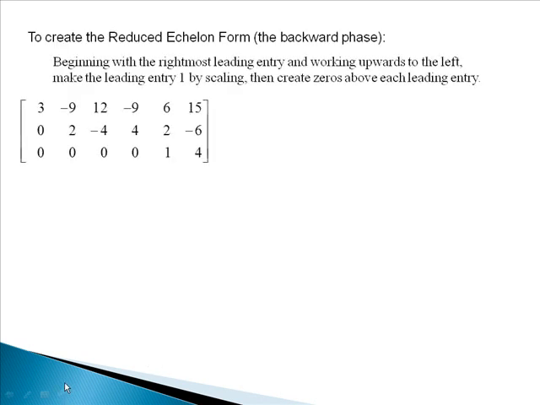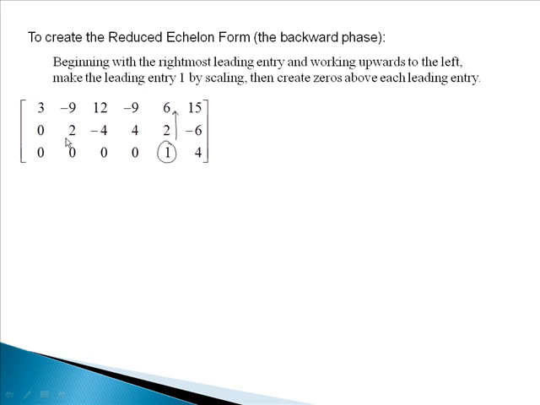So now we have the backward phase where we want to create reduced echelon form. And this is what I want you to work on, beginning with the rightmost leading entry and working upwards to the left. So you're going to begin with the 1 and you're going to work upwards and then go left.